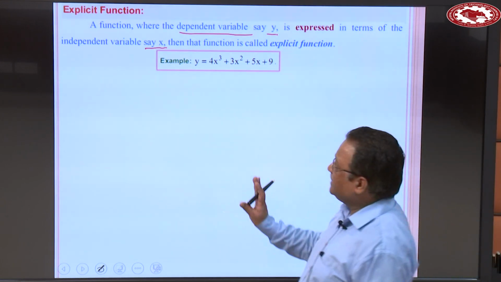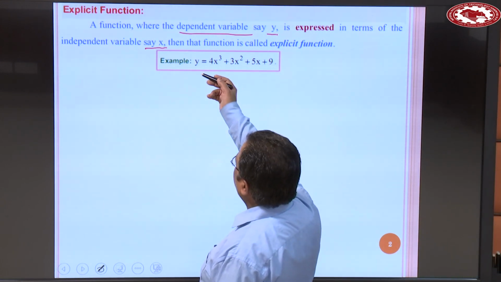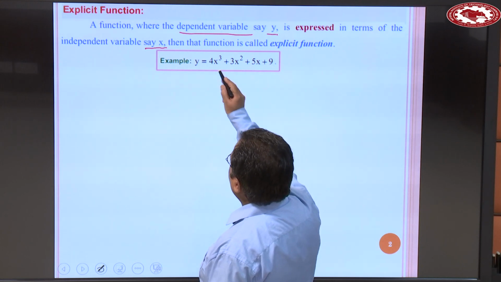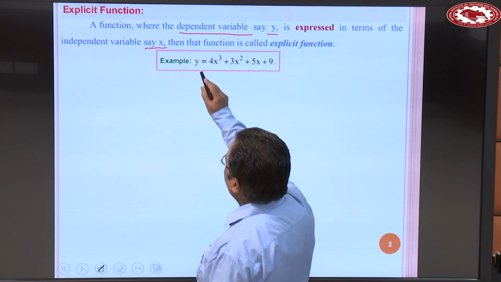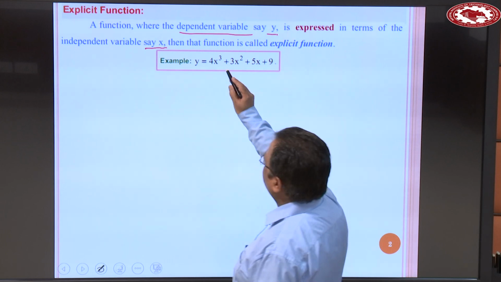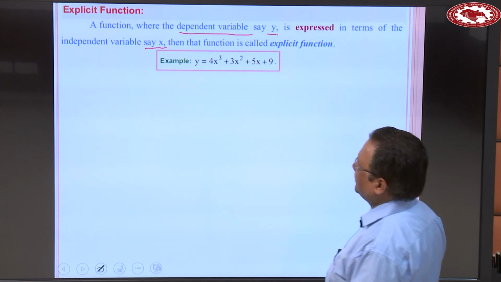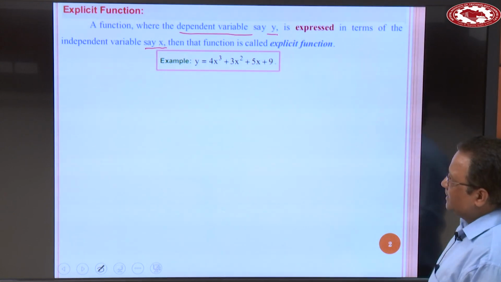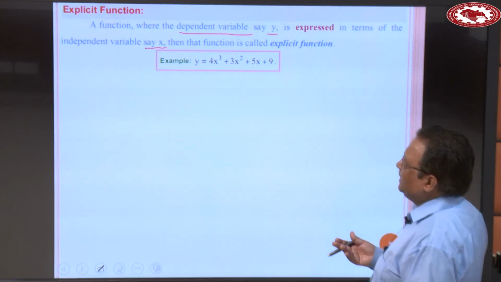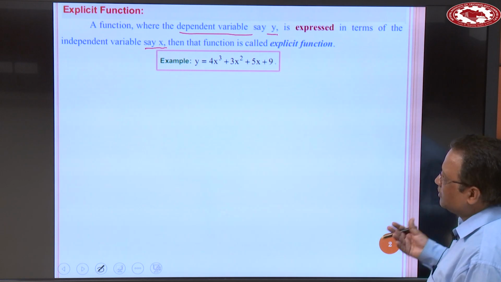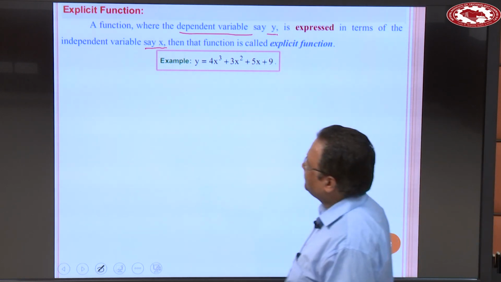So, in this case we can represent y in terms of x. For example, y is equal to 4x cube plus 3x square plus 5x plus 9. So, in this explicit function we can represent the dependent variable in terms of the independent variable x.